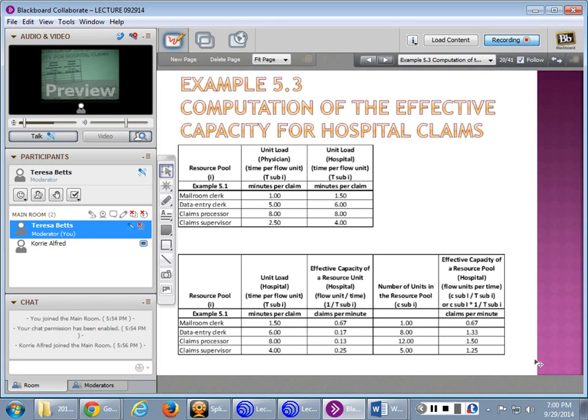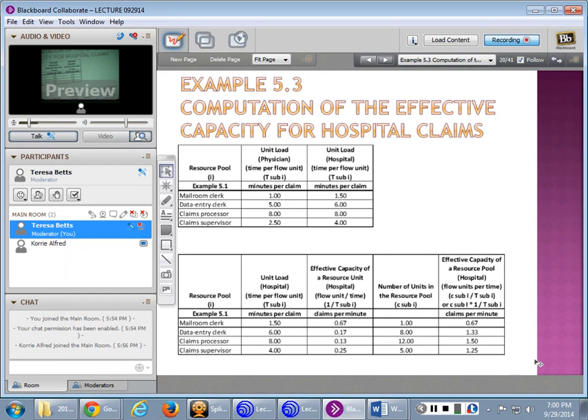So if I'm interested in the effective capacity of that whole resource pool, if one can do 0.17 claims per minute, then 8 times 0.17, they can do 1.33 claims per minute. So it's just terminology. What we're doing isn't that complicated. It's just adjusting to a different terminology.